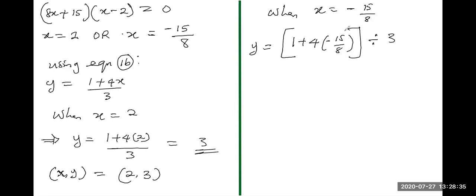Always remember how I try to avoid multiple fractions in order not to confuse you. All right, of course, 4 we cancel this, 4 we go here and cancel here, you have 2. Then you now have y equals 1 minus 15 over 2, and everything divided by 3.